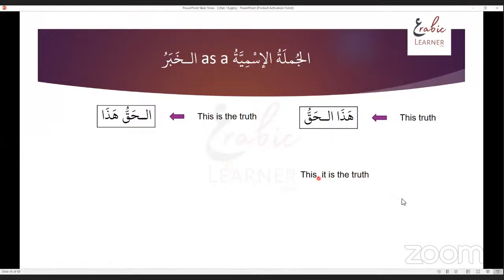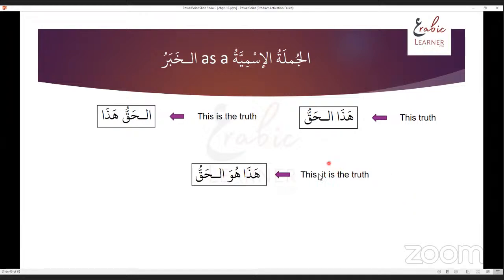Now here I'm stressing that it is definitely the truth. So I will say Hada huwal haqqu. This indeed, it is the truth.